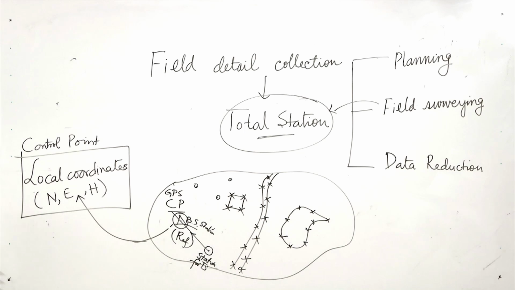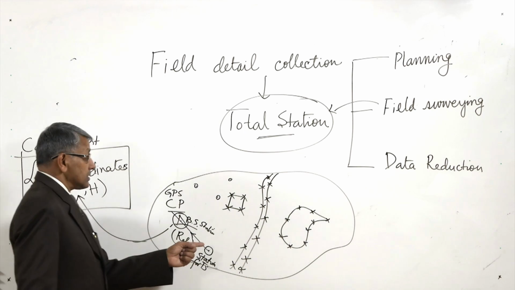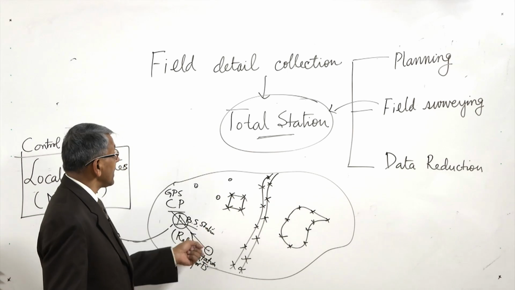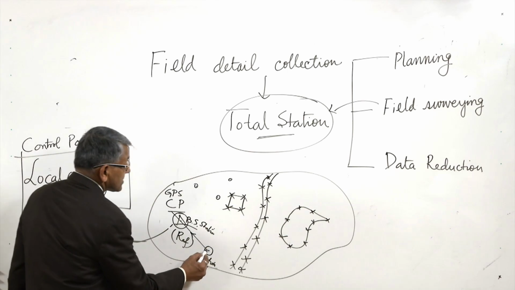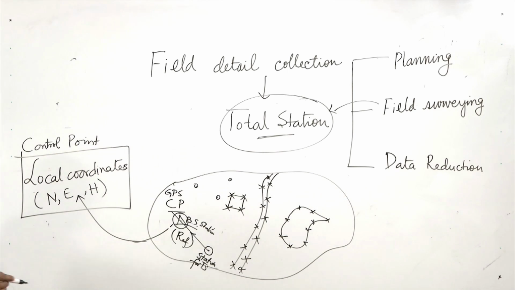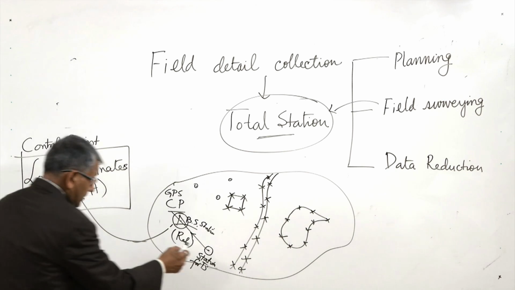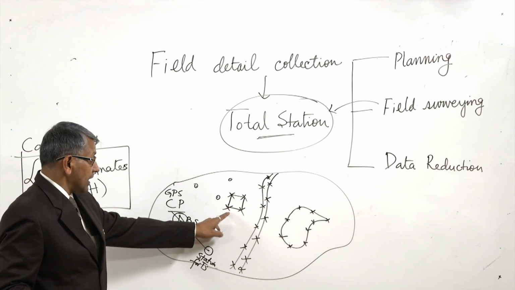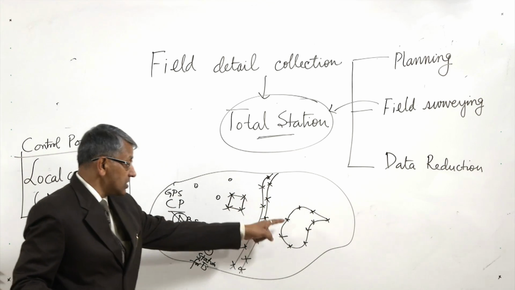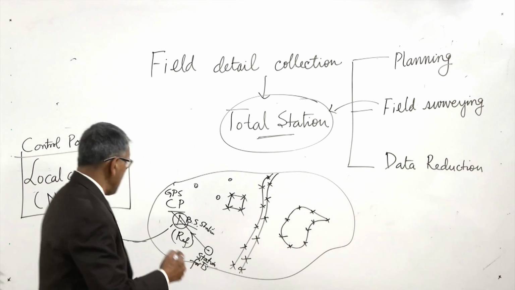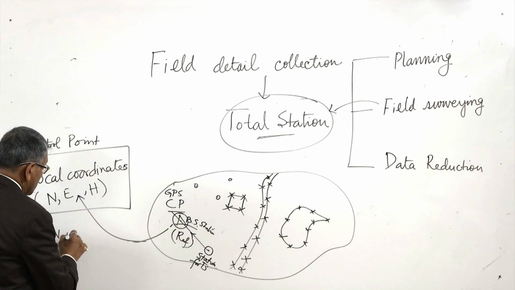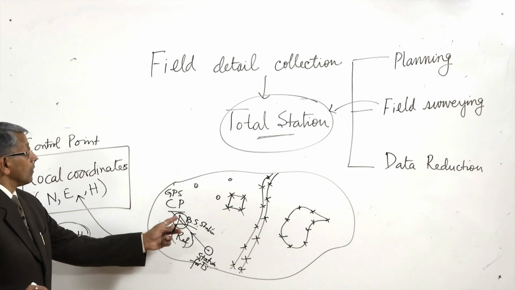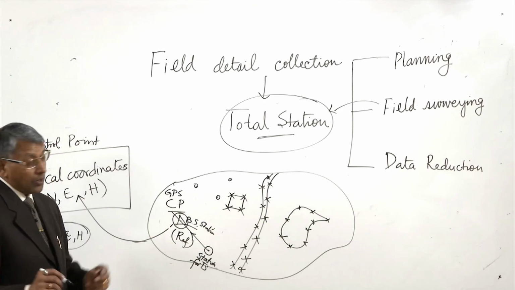If we can see all those points from here, this is called the method of radiation, and by the method of radiation we can get the location of all those important points in terms of north, east and height, with this point as the control point.